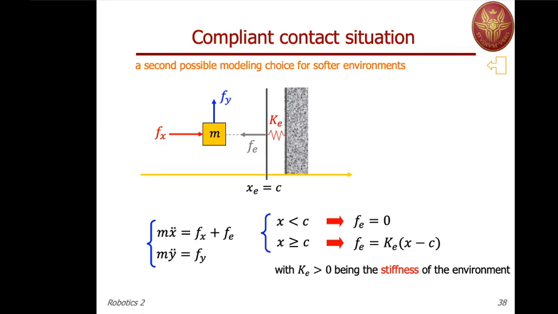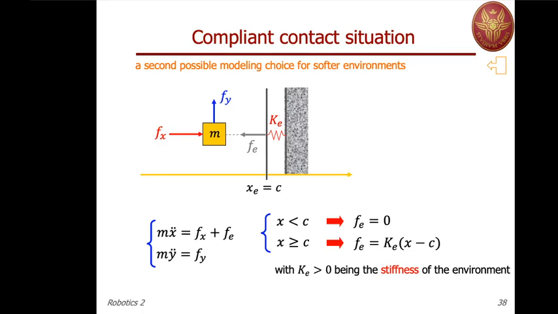And then as we move inside, we deform a little bit the soft environment, we will have an increasing elastic force Fe. Now, you can also modify the environment model by adding a damping term, but the actual force will only be proportional to the deformation itself.